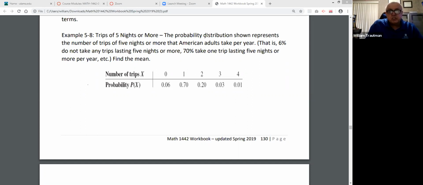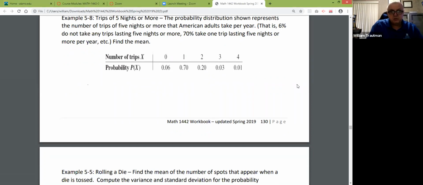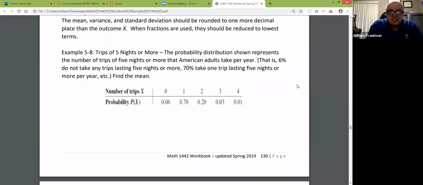It says the probability distribution shown represents the number of trips of 5 nights or more that American adults take per year. 6% do not take any trips of 5 nights or more.